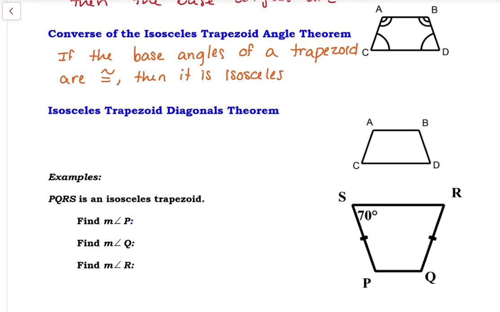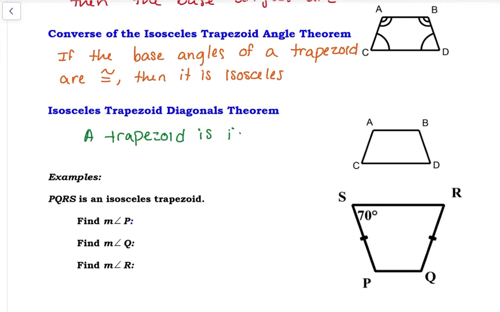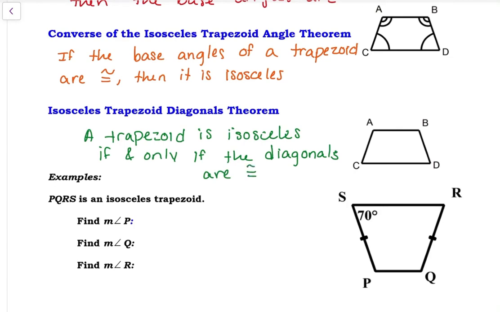The isosceles trapezoid diagonals theorem says that a trapezoid is isosceles if and only if the diagonals are congruent.